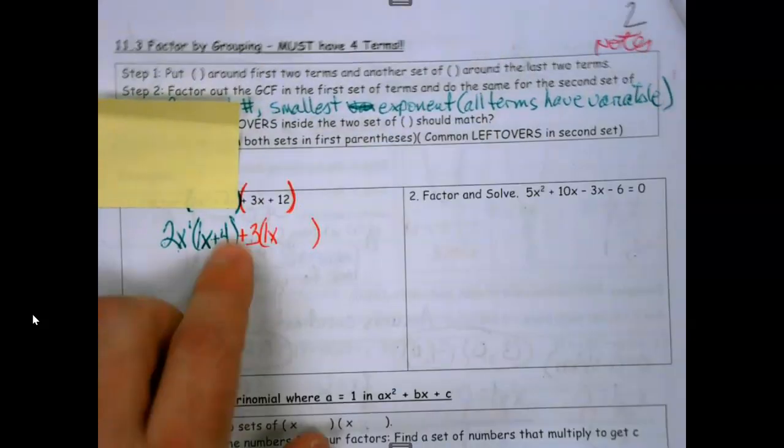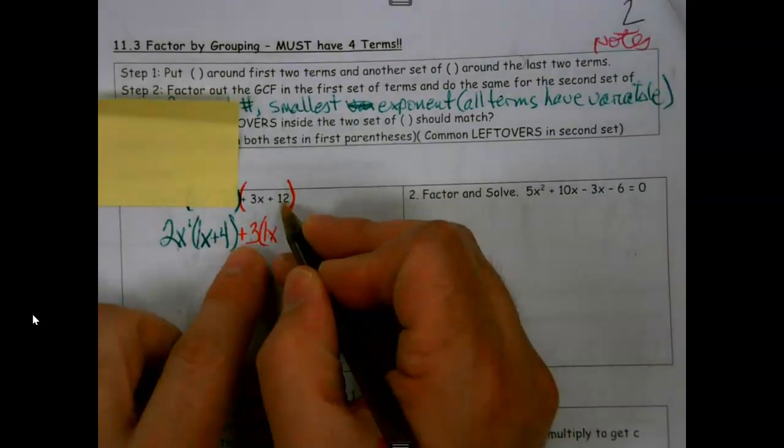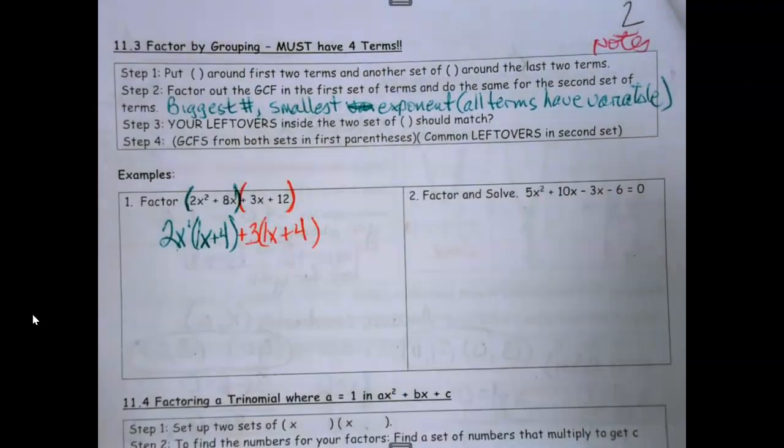I couldn't take an x out here because the 12 doesn't have an x. The only time I can is if both terms, like we said in the start, have a variable. So I take out 3 divided by 3 is 1x. What's 12 divided by 3? 4.